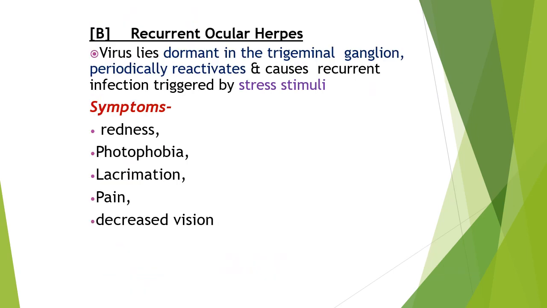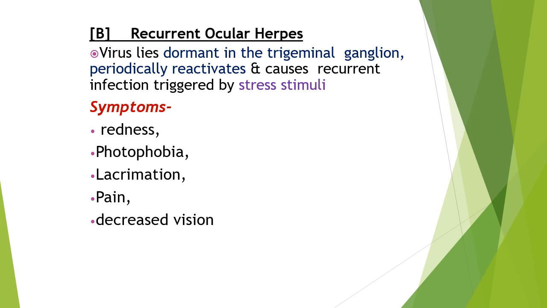In the recurrent type, usually the virus remains in a dormant state in the trigeminal ganglion. Whenever there is a stress stimulus, such as exposure to heat, being immunocompromised, or any fever, the virus is triggered again and spreads along the nerve and causes infection.